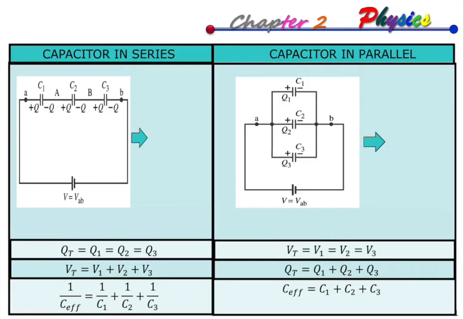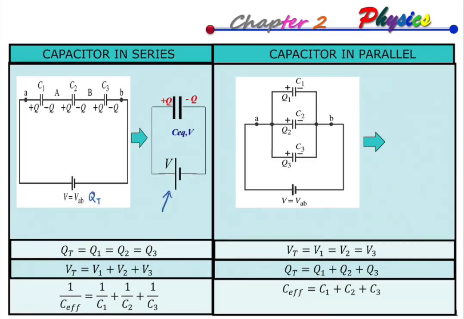So now we are going to look at the comparison between capacitors which are connected in series and in parallel. So let's look at capacitors in series first. We will have 3 capacitors which are connected in series, and it is connected to a battery which will supply voltage V. And this circuit can also be equivalent to this diagram here, in which the total capacitors combined will be equal to C equivalent or C effective, and then the voltage supply will be equal to the total voltage for the circuit.